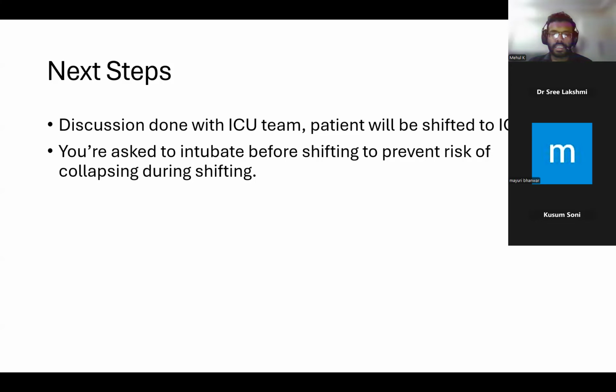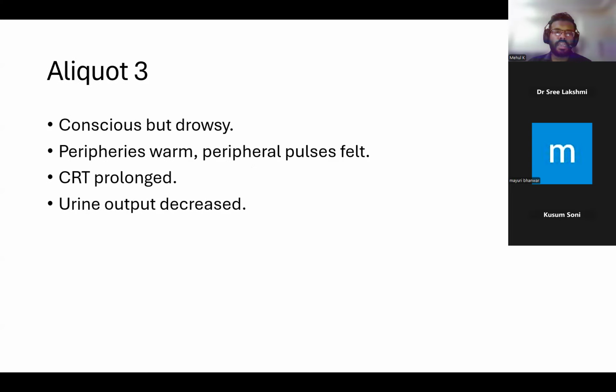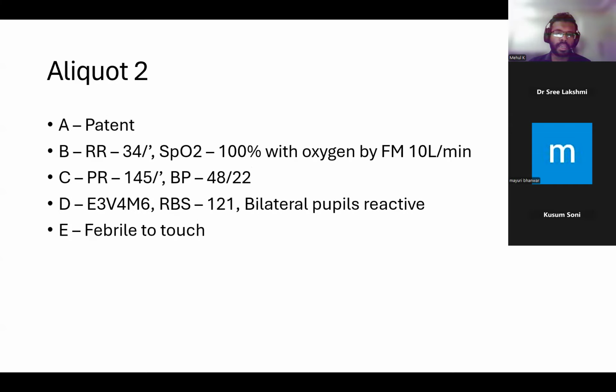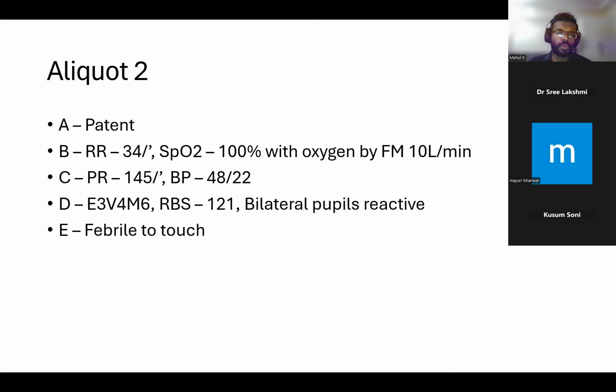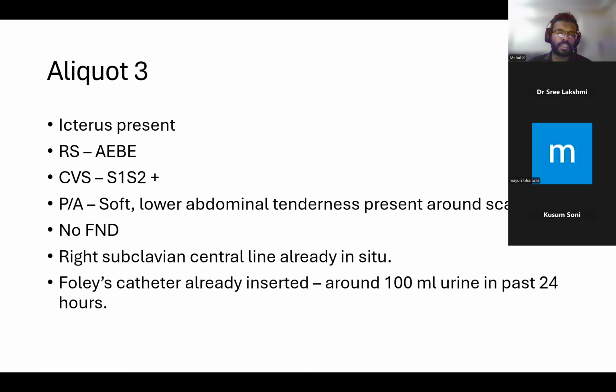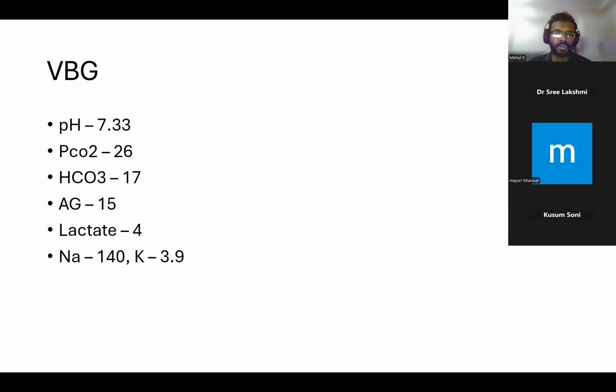That is the big issue when you're trying to intubate any patient with severe septic shock who is having acidosis, who is breathing fast, who is compensating, but is not having that good of a sensorium. She's already getting a bit tired, a little bit drowsy, and the BP is really low. So you're going to be taking a huge risk if you shift this patient without securing the airway.